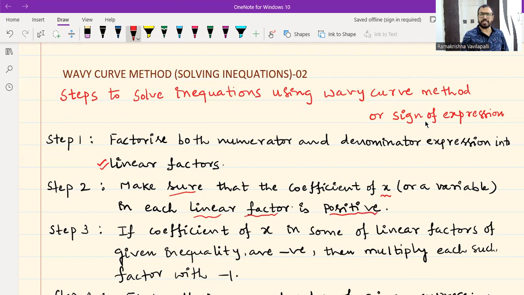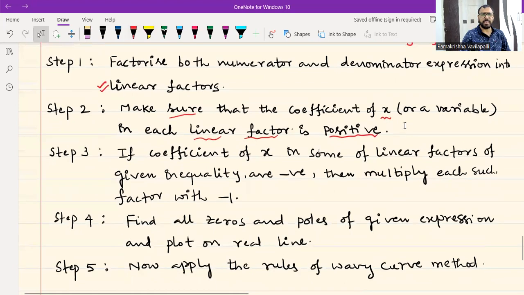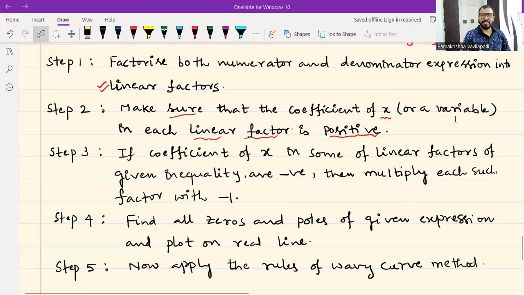Step 3: if the coefficient of x in some linear factors of the given inequality is negative, then multiply each such factor by -1.